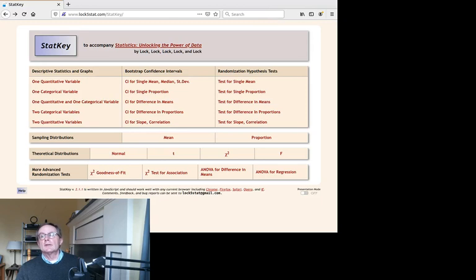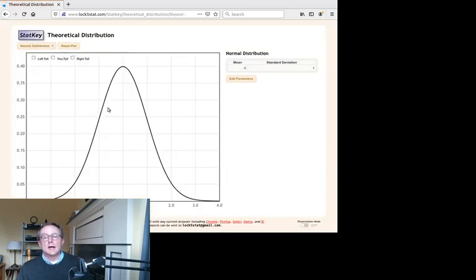So now we have StatKey, and we want to ask what's the chance of a z-score of 1.00 or less. On StatKey, I'm clicking on normal because this is a normal curve theoretical distribution. StatKey comes up, not too bad. I want to ask it what's the chance of a 1.00 or less. So 1.00 or less is a left tail. So left tail, and it comes up with some default because it's got to come up somewhere.